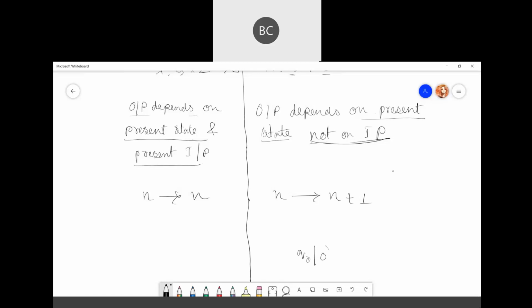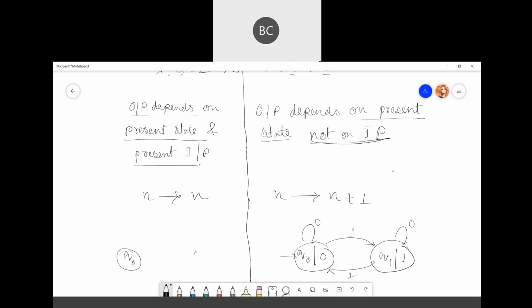state and the output. State and output. 1, 0, 1, 0. But here we can represent it.